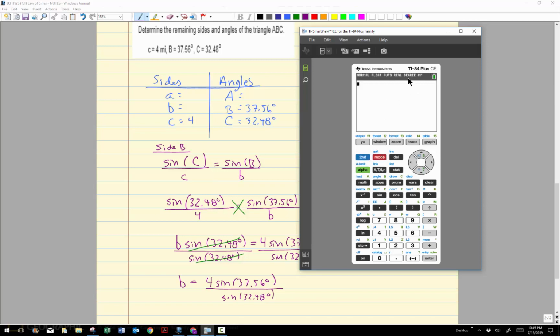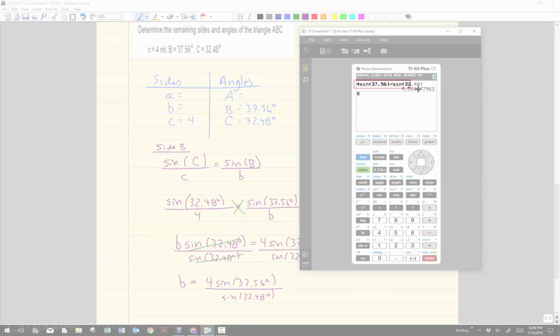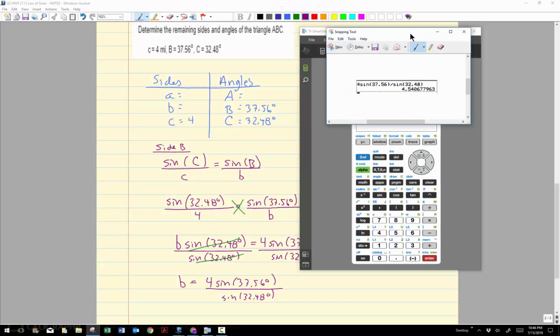Now that I'm in degrees up here, let's go ahead and put this in. So I'll have 4 sine 37.56 degrees. And I'm in degree mode, so that'll work great. Divided by sine 32.48 degrees. Hit enter, and there's my value, 4.54067, etc. So let's go ahead and pop this into our lecture so we can have that value.